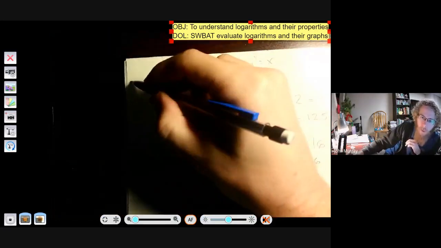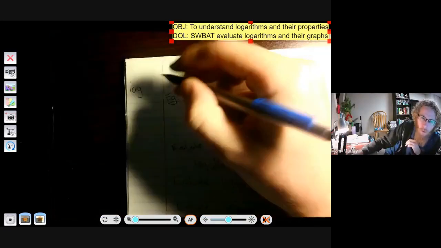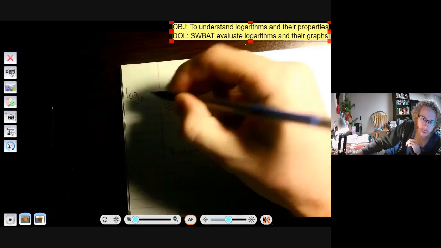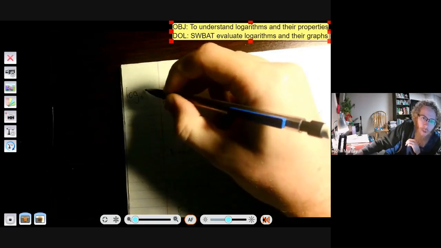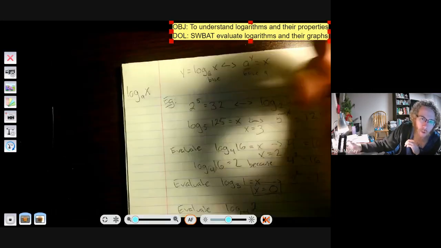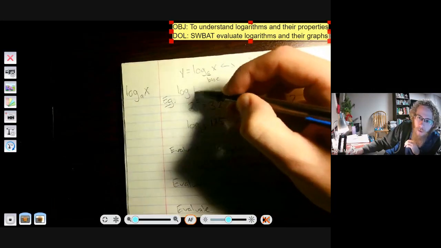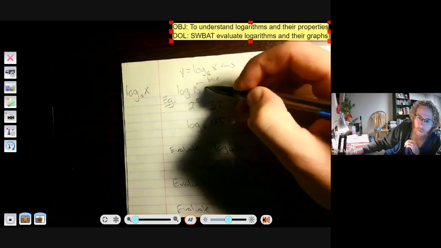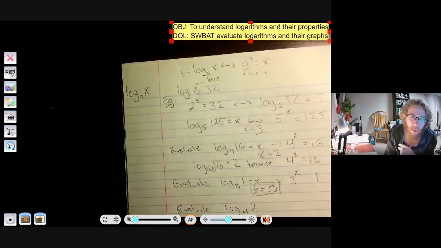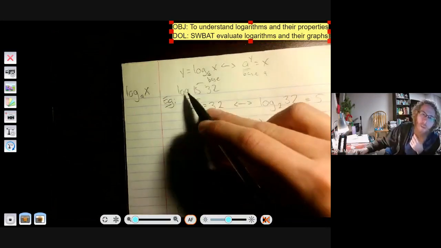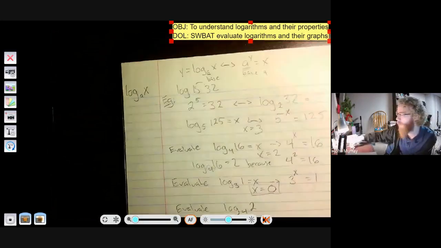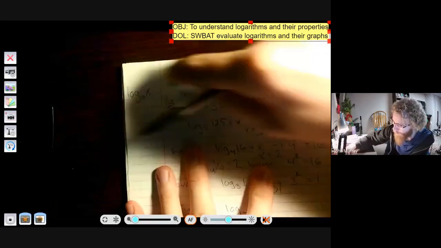So whenever you write it, you're going to do log and then make sure the base is smaller and lower, and then whatever number you have here. Because if you write something like that, that doesn't really make sense. And actually this kind of means something different than what we're talking about.